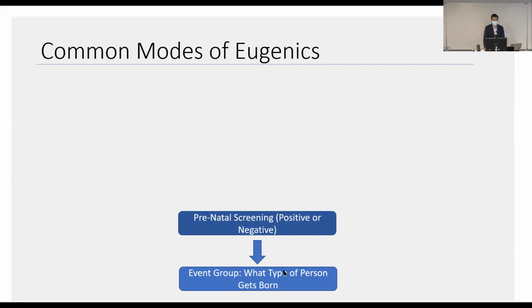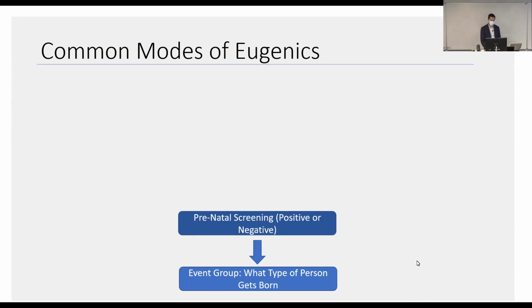Then what happens is there's going to be less people of that type, namely that have Down syndrome, that get born, right? At least one. If lots of people do this, then there'll be maybe more. So what this diagram shows is prenatal screening is influencing which types of people get born. Okay? Does everyone follow?